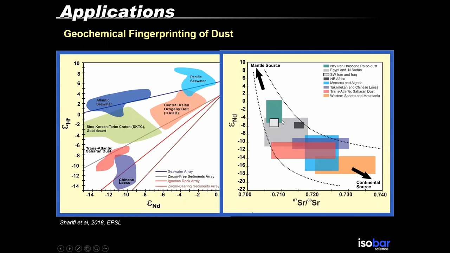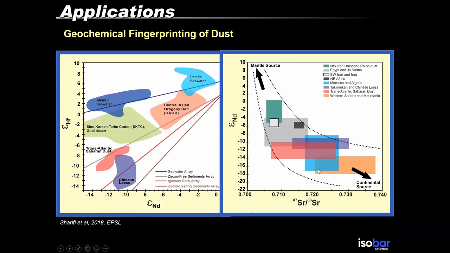On the right-hand side, you see how different major dust pools in the world align with respect to epsilon neodymium and strontium. Again, you can see tons of overlaps, and this is why we use multiple isotopes. We don't rely on only two systematics. We would like to analyze these.